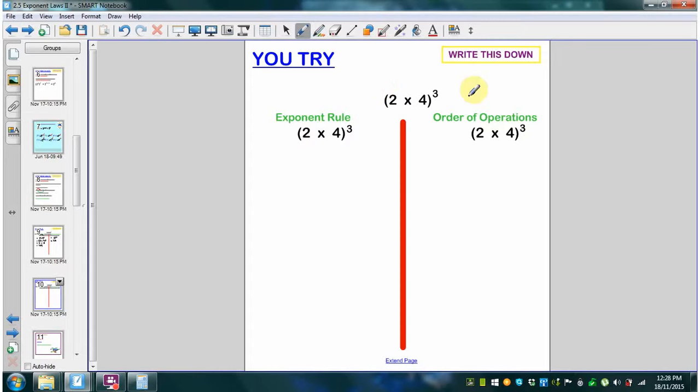Okay, so by now you should have tried both of these. Let's see how you done. I'm going to do the exponent rule first. Exponent rule says I can take my power in, okay, I have a product here. I can take my power into the first term. I take my power into the second term. So this becomes 2 to the 3.